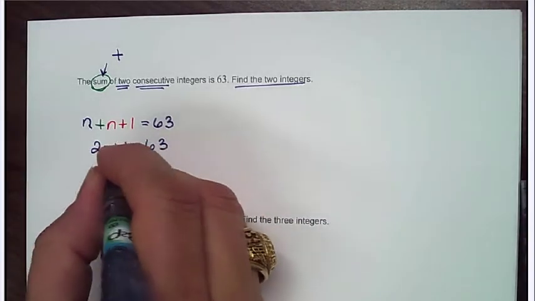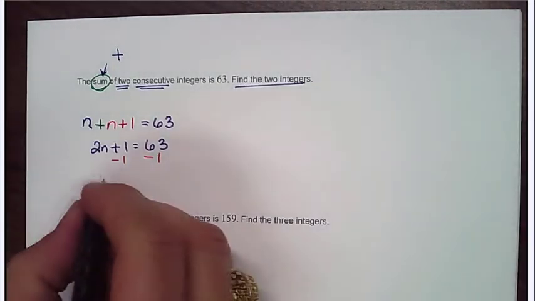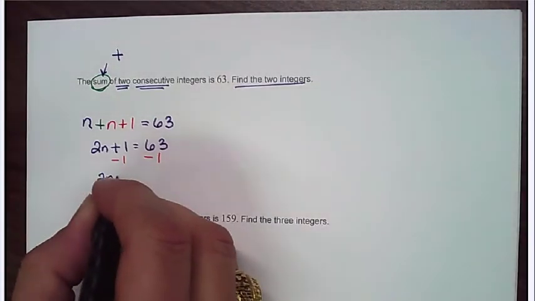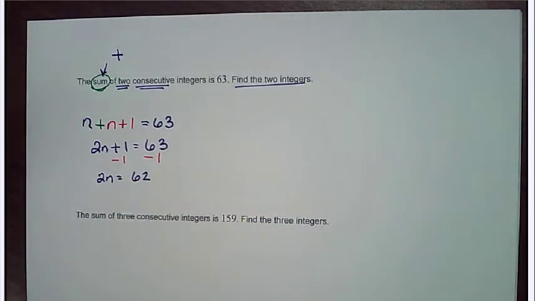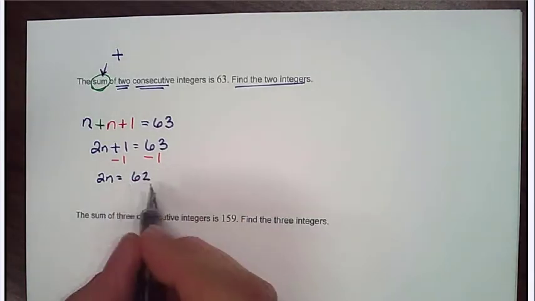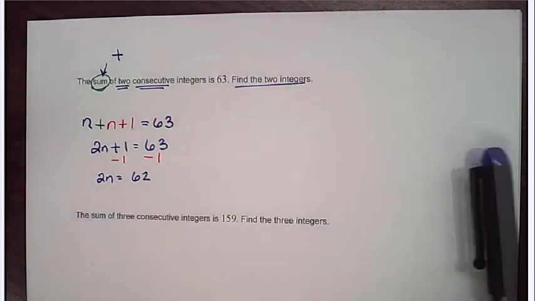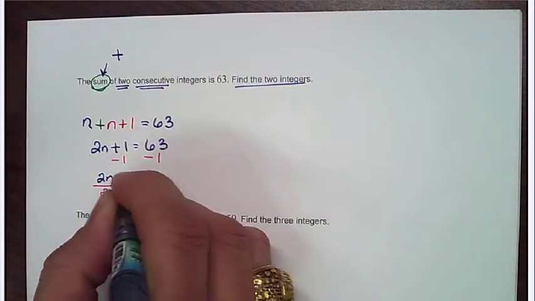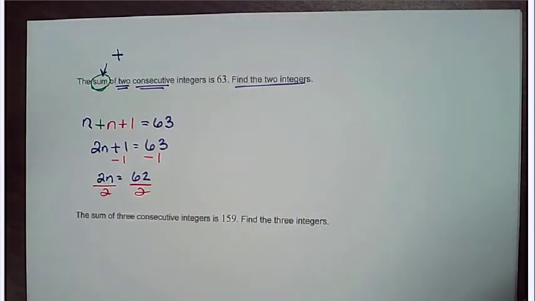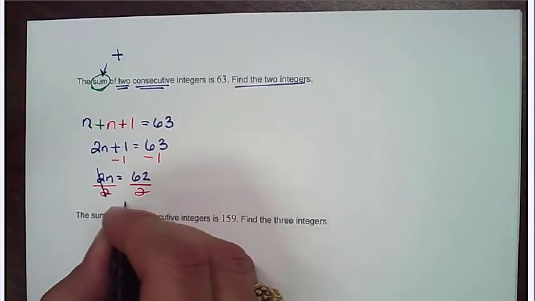So I'll subtract 1 from both sides. That's going to give me 2n is equal to 62. That's a good sign because I'm dividing by 2. I want that to be a whole number when I do the division. So then we need to divide by 2, which is going to leave me, these are going to cancel, that n is equal to 31.